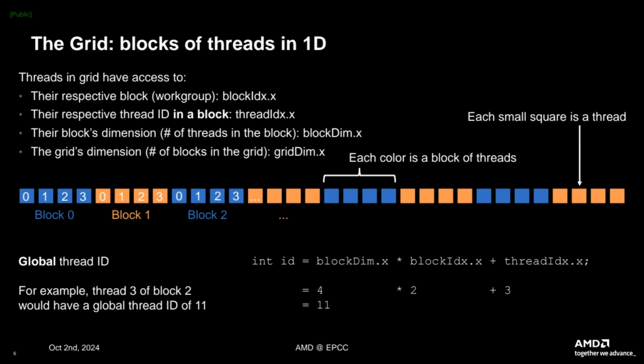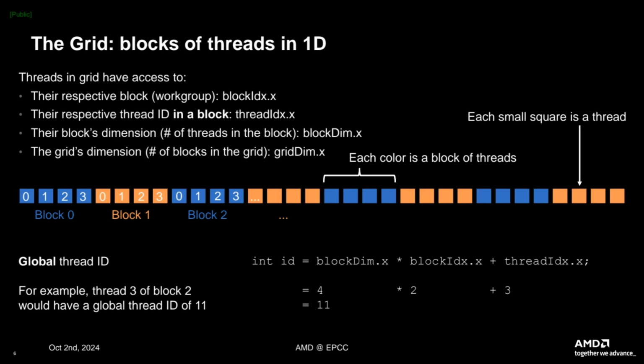You can obtain the thread ID within the block, so locally, with threadIdx.x. You can also get the block's dimension, so the number of threads in the block, with blockDim.x, and then eventually the grid's dimension, so the number of blocks or work groups in the grid, with gridDim.x.